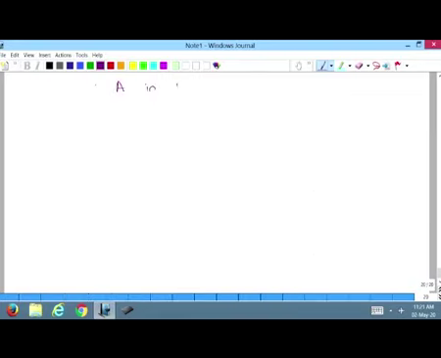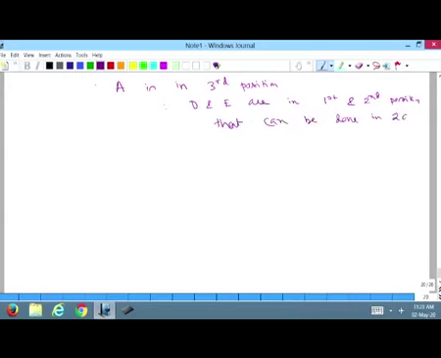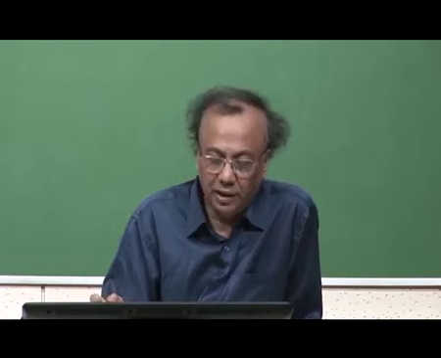A is in third position. Therefore, D and E are in first and second position, and that can be done in 2 ways, and obviously A cannot go to fourth position because B and C will have to come after him.